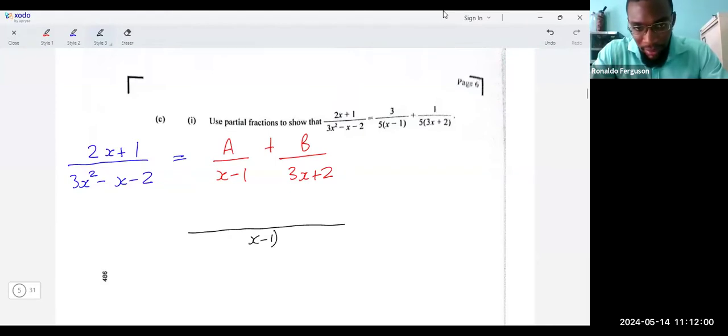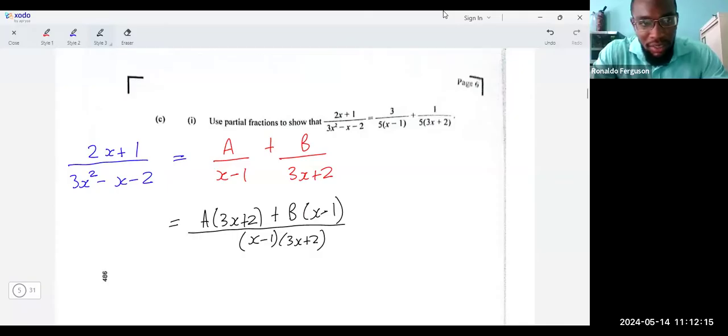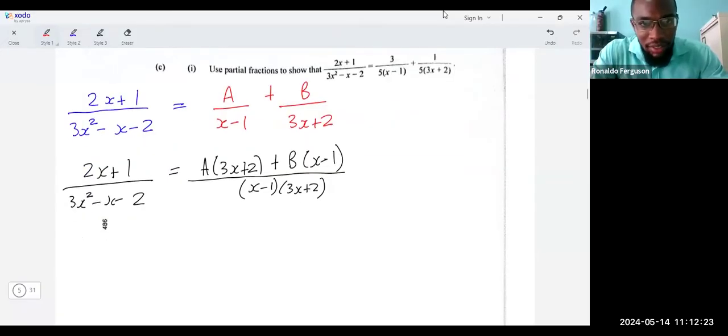LCM: x minus 1, 3x plus 2. x minus 1 into this denominator leaves 3x plus 2, 3x plus 2 into this leaves x minus 1. Over on this side, we have 2x plus 1 over 3x squared minus x minus 2. Then now we go ahead and equate numerators.